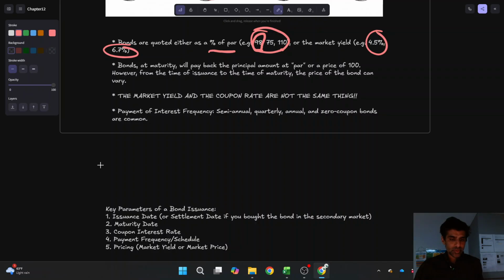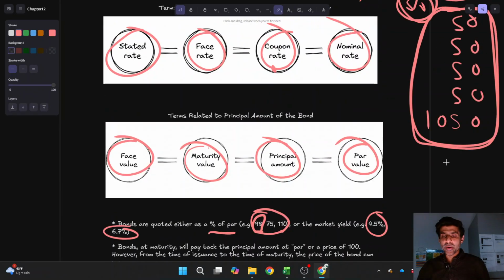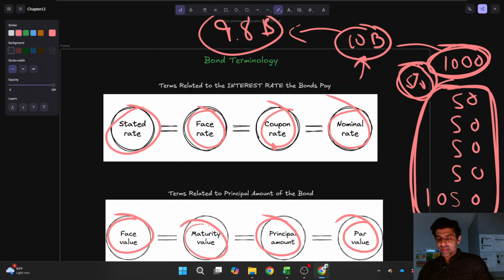The key thing is that market yield, meaning the price of the bond, and the coupon rate are not the same thing. The coupon rate determines the schedule of payments. The market rate, as we're going to see, is something different. It's related, and it's going to be based on this schedule, but it's going to be based on other things.